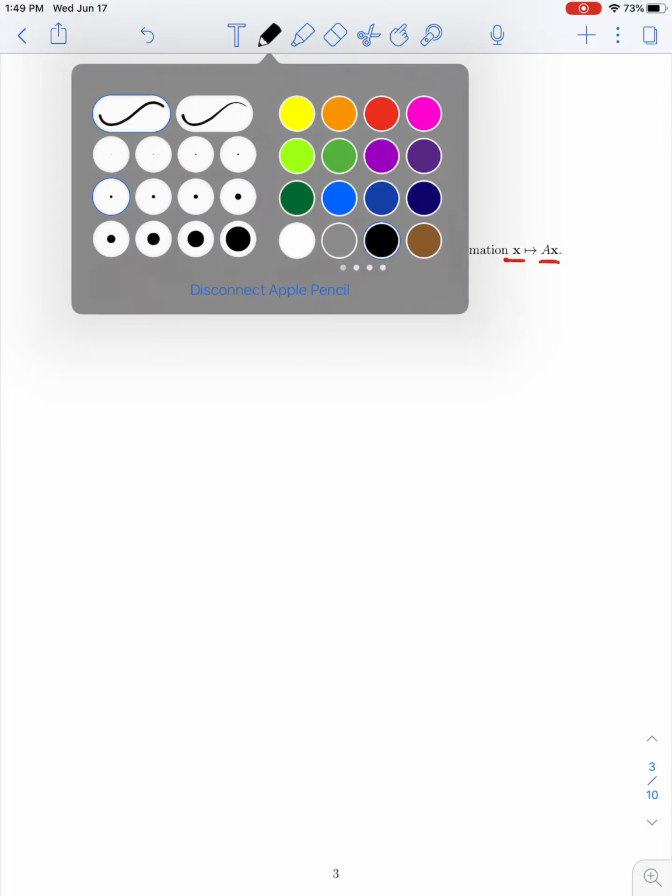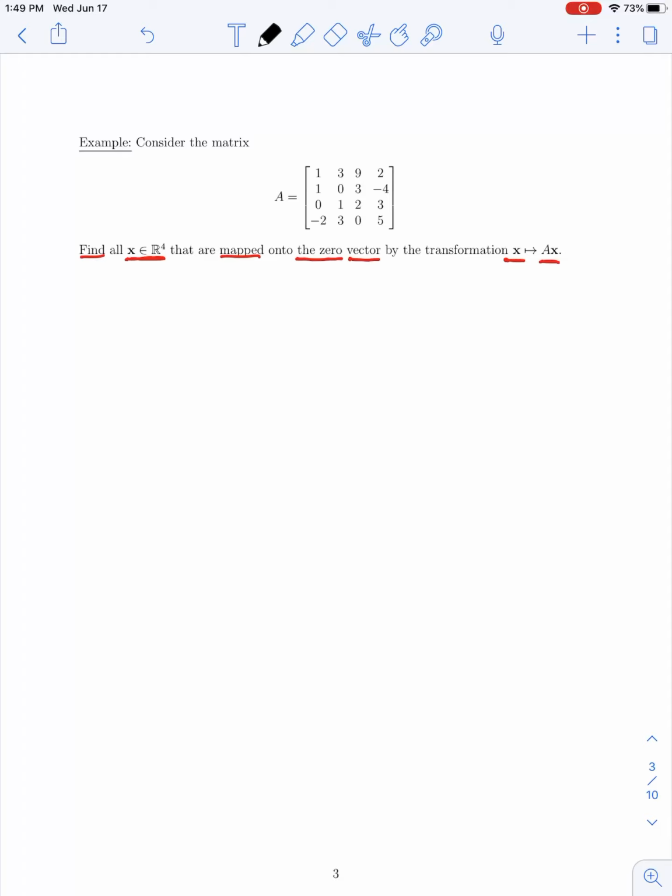So as with that previous example, we want to look at all of the vectors x such that when I apply my transformation T of x, which is defined by matrix multiplication by the matrix A, I would get an image of the 0 vector.